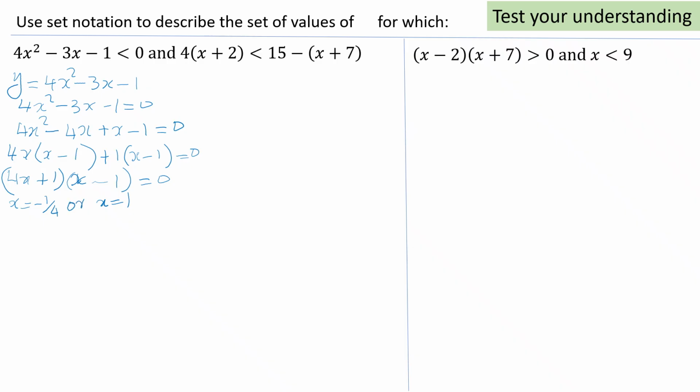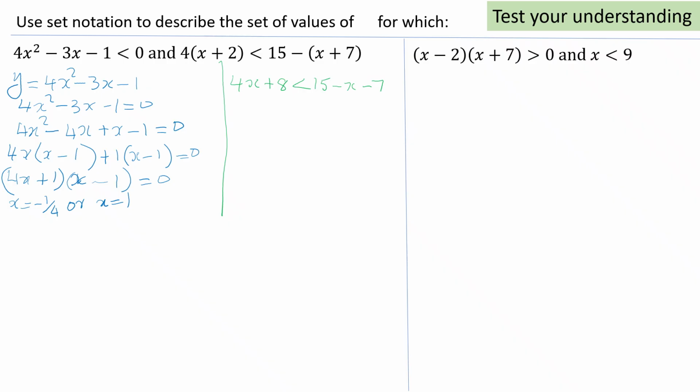Now, the second inequality, I'm going to do separately. So 4 times x plus 2 less than 15 minus x plus 7. So first, we need to expand the bracket. So 4x plus 8 less than 15 minus x minus 7. So rearrange this.